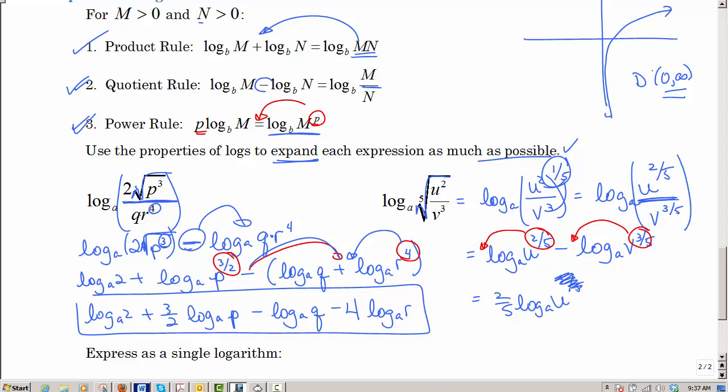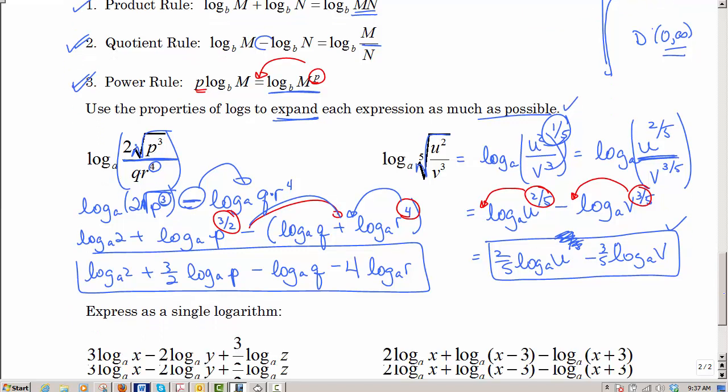Minus 3/5 log base a of just v. So we're taking our exponents and moving them as coefficients, and that is expanded as much as possible.